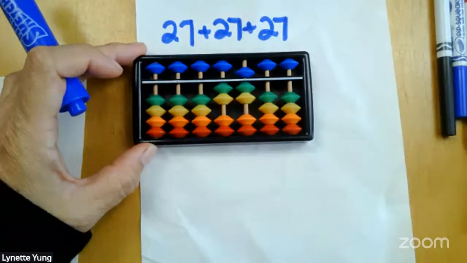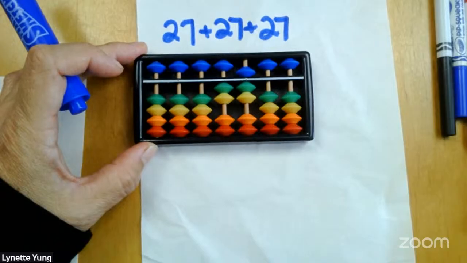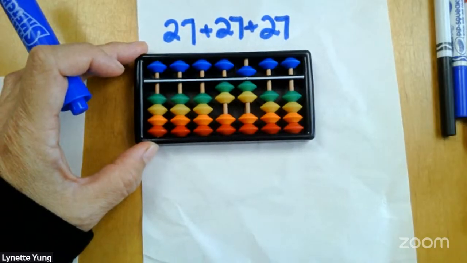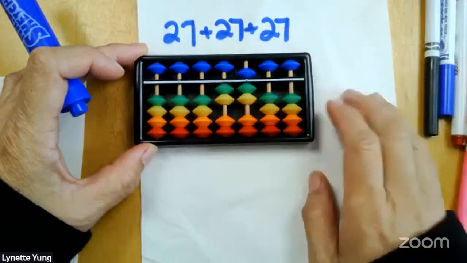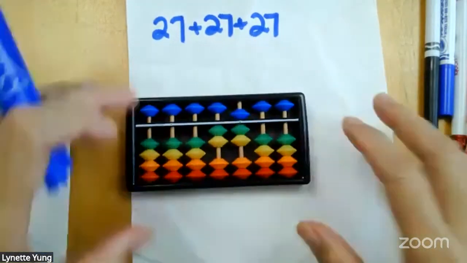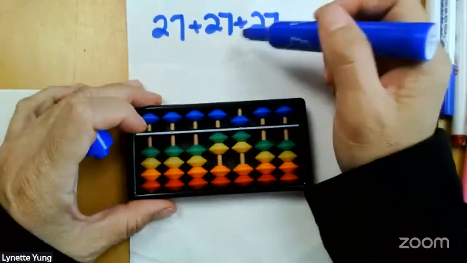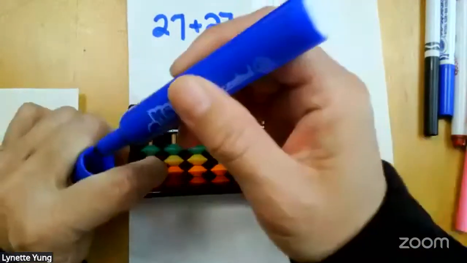But this one to me would be a little bit difficult. You would have to really plan ahead what your question is if you wanted to do it mentally. But if you write it out, it's easy, right? So we can write it out.